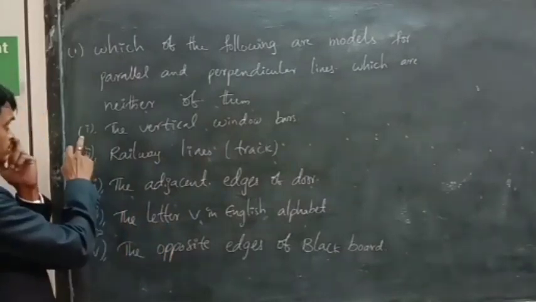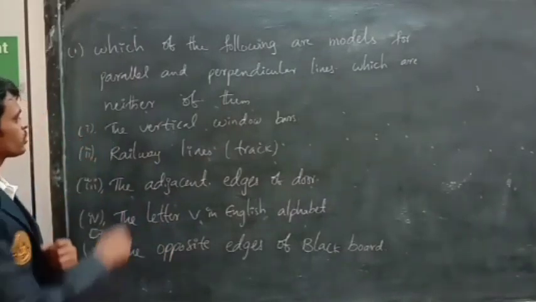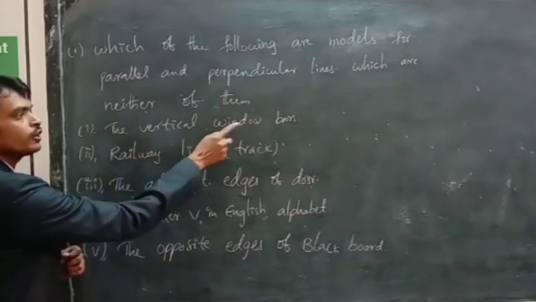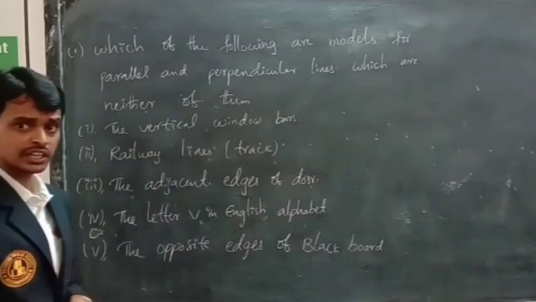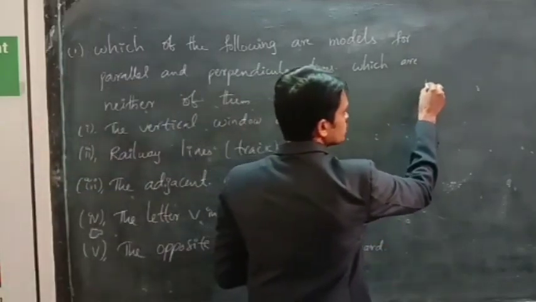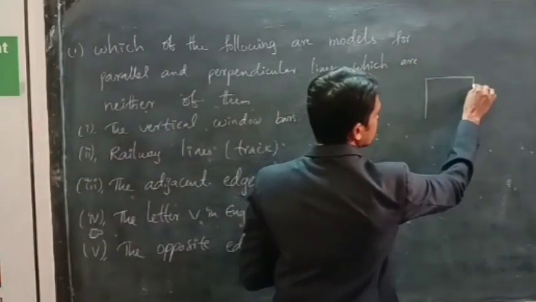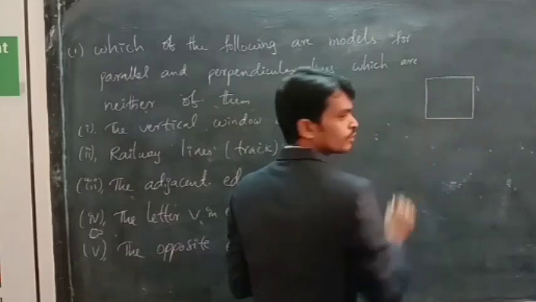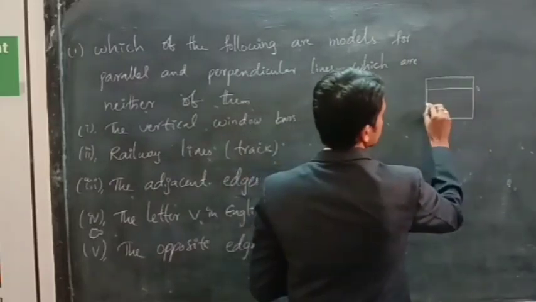In this first problem, the vertical window bars. Vertical means like this. Here this is the window, and all of you know about the window.